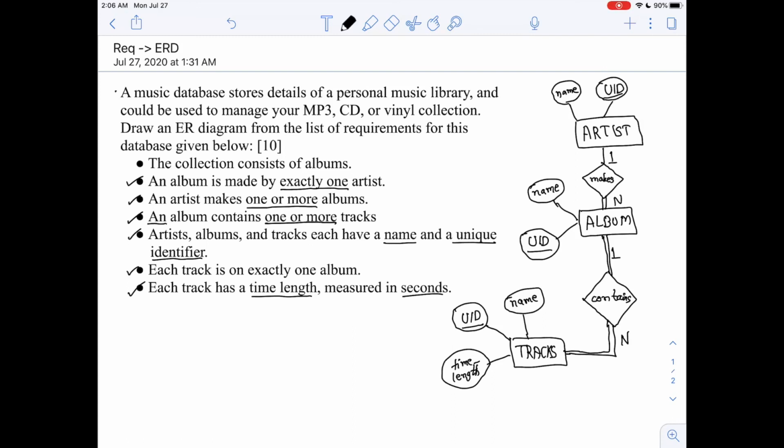But in the case of an artist, you can obviously have an artist who, it's up to basically the artist whether he makes an album or not. So whether an artist will make an album or not, that participation is optional. So this was basically a quick tutorial on how to convert a given set of requirements into an ER diagram.